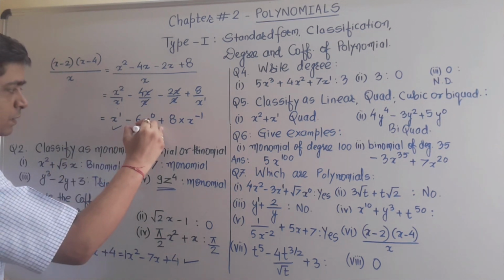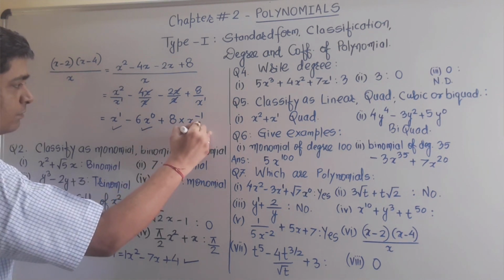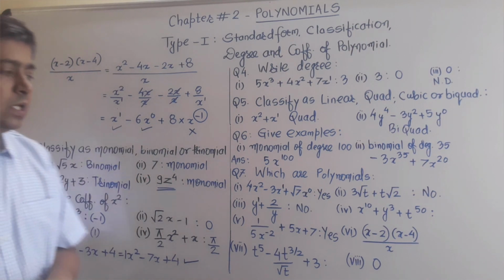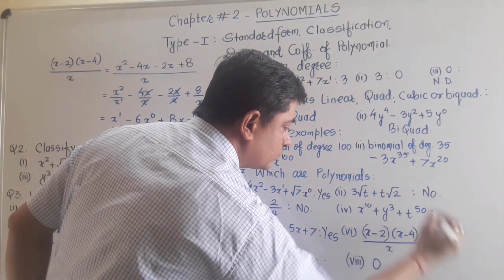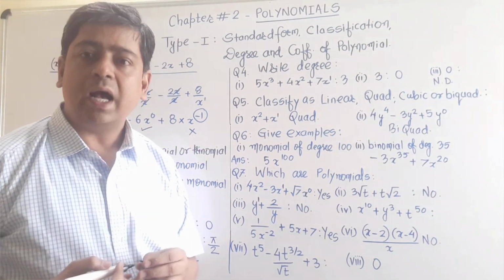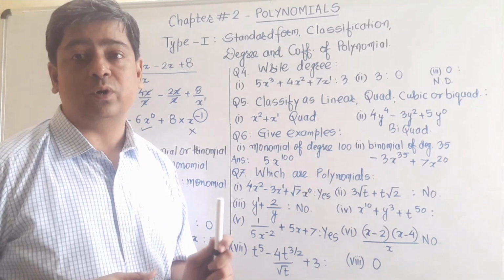Here the power is given 0, 0 is also a whole number. But here the power is given minus 1, and minus 1 is not a whole number. So the answer will be no, because this power is not a whole number and hence it is not a polynomial. Remember, all the terms should follow the rule.